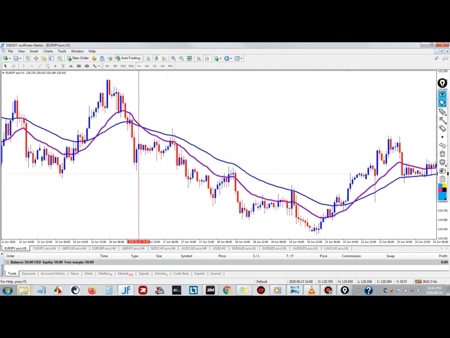Sorry, actually this is the exact point where the moving average crossed. Let's agree on that. What you do after this happens, you don't sell immediately.